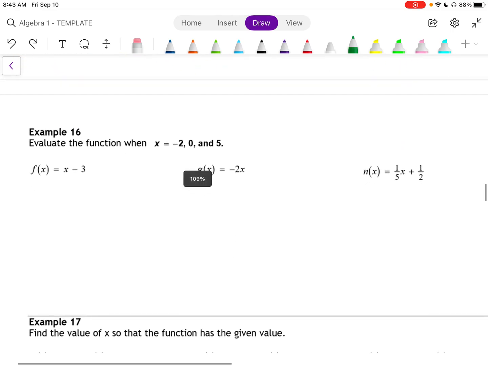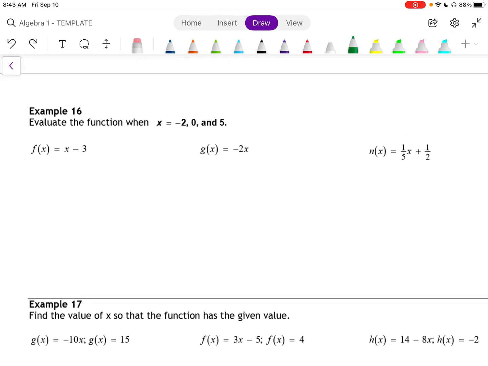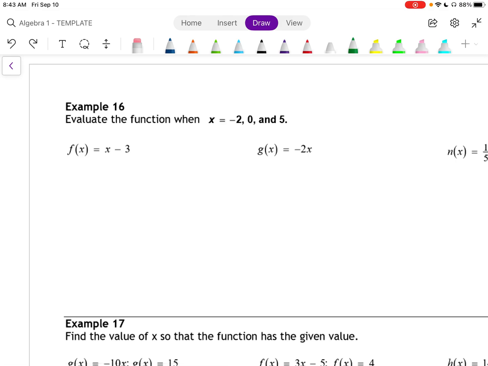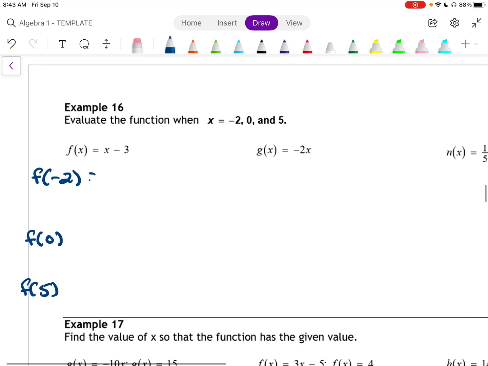Moving on, example 16. We're supposed to evaluate the function when x is -2, 0, and 5. So here, starting off, we have f of -2, then f of 0, and f of 5. That's just to remind me what we're going to do. For -2, I'm going to plug in that's -2 minus 3, which is -5.